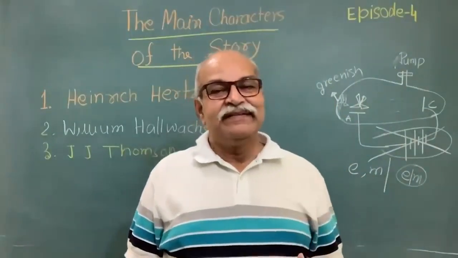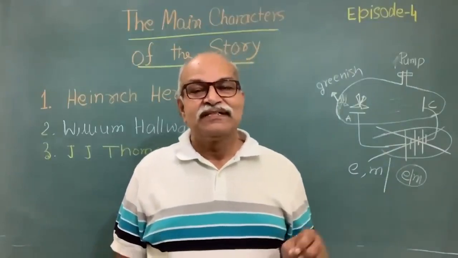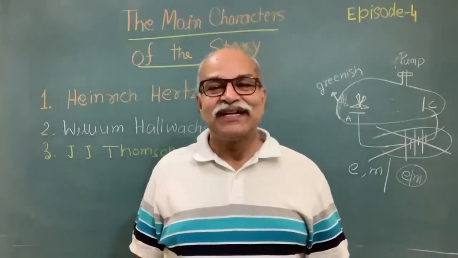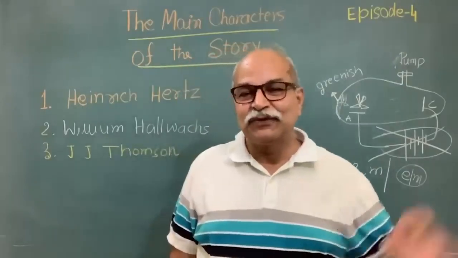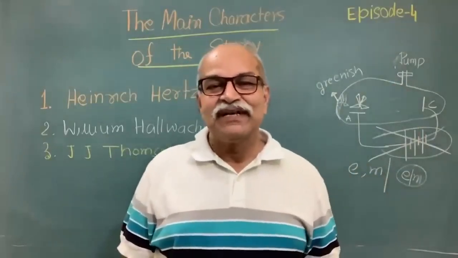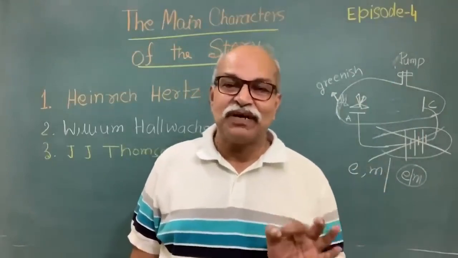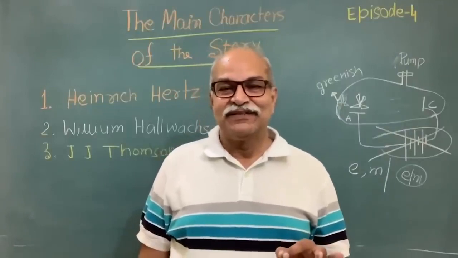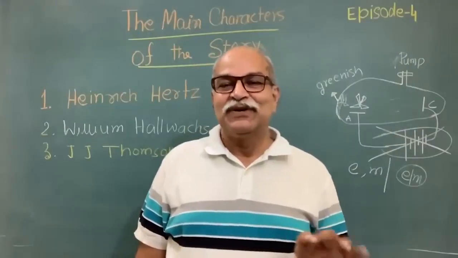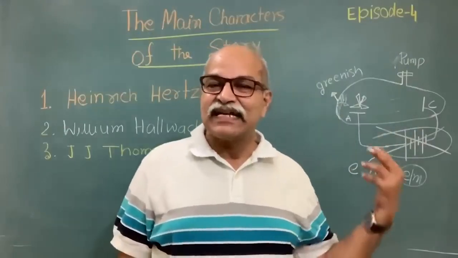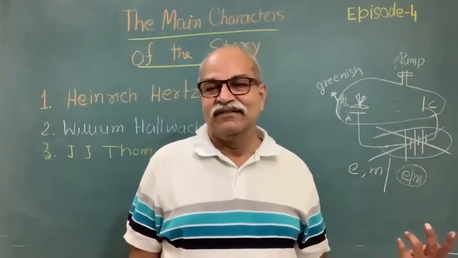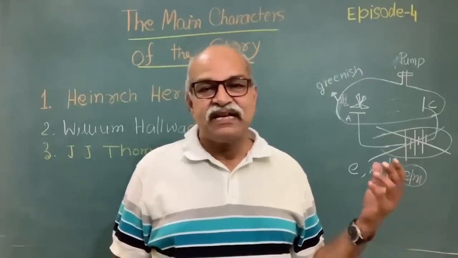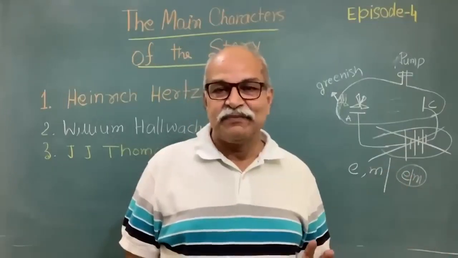1899, and that is 2 years after the so-called discovery of electrons, where he showed that cathode rays, which were known for a very long time, are nothing but streams of particles having a certain charge and a certain mass, and the ratio of E by M or M by E, that he calculated in his 1897 paper, in a very carefully designed experiment.